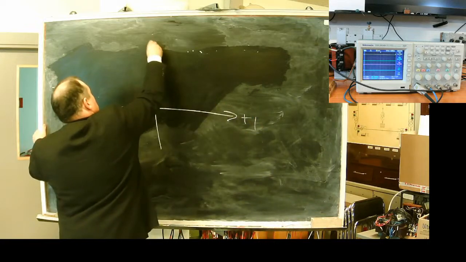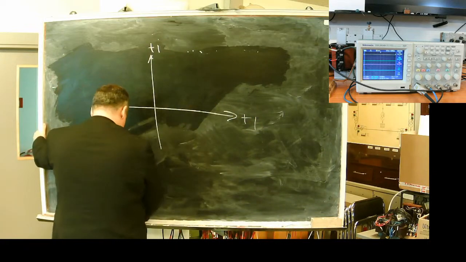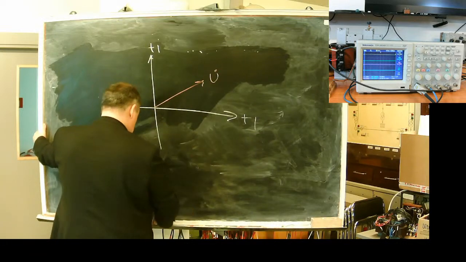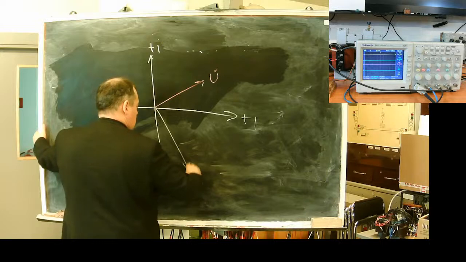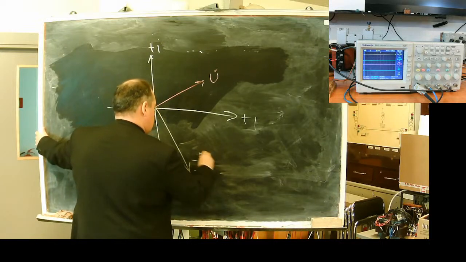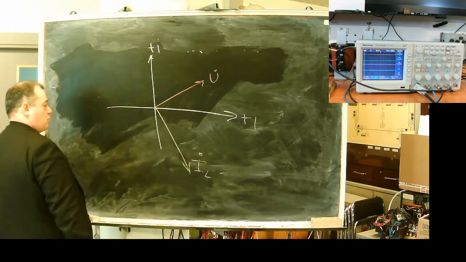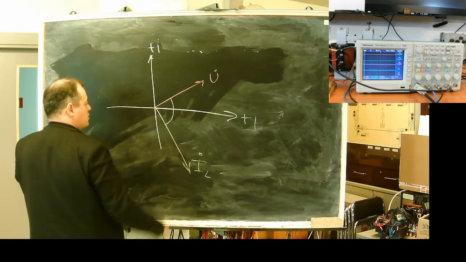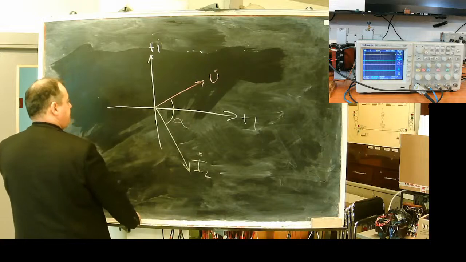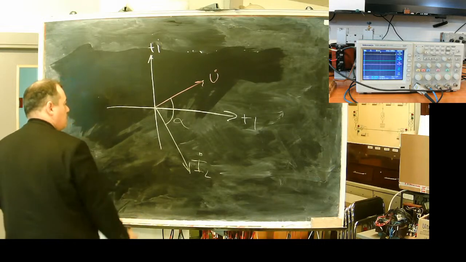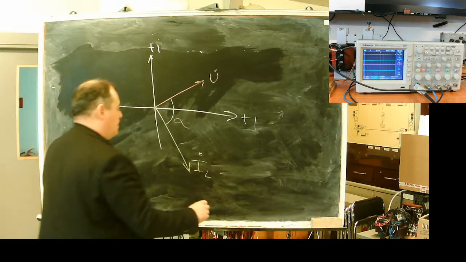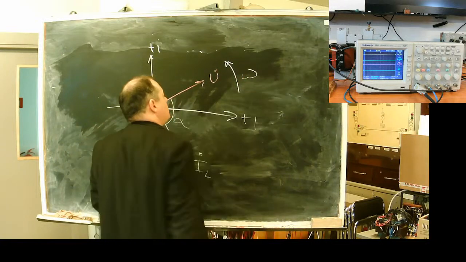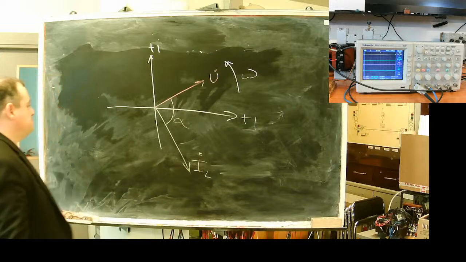Maybe this is voltage and this may be coil current and angular shift. They all rotate in theory with the speed of omega.